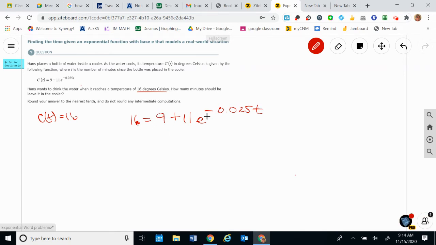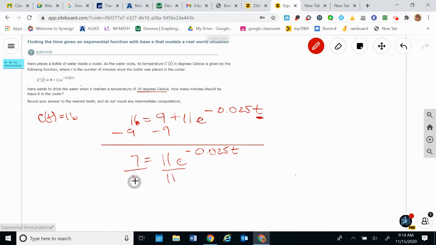So again, here's our variable. Remember, in solving equations, all you have to do is ask, what do I want to get rid of? The first thing we want to get rid of is this 9. So we're going to subtract 9 from both sides. I'm showing work just because it's the first one. You're going to get 11e to the negative 0.025t equals 7. Now, what do we want to get rid of? The 11. Divide by it.